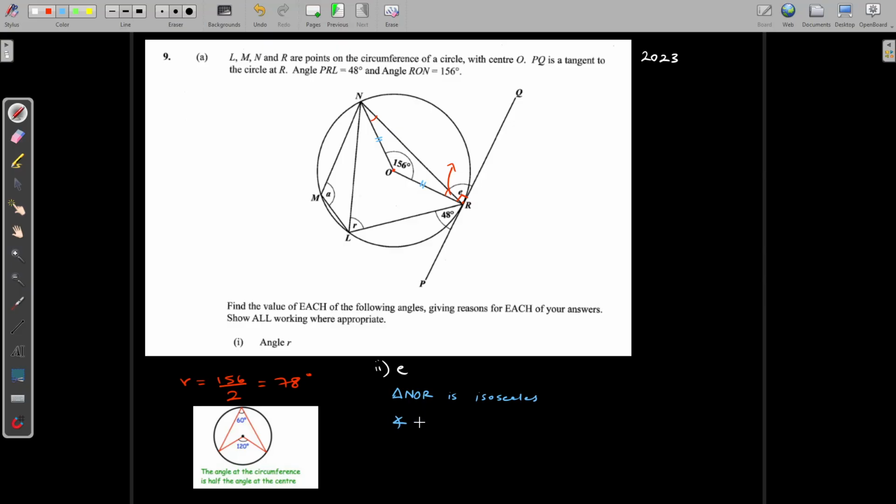So angle ORN is equal to 180 minus 156, divided by 2. So what's that? 12. So if this little piece is 12, what is E? 78. 78 degrees.